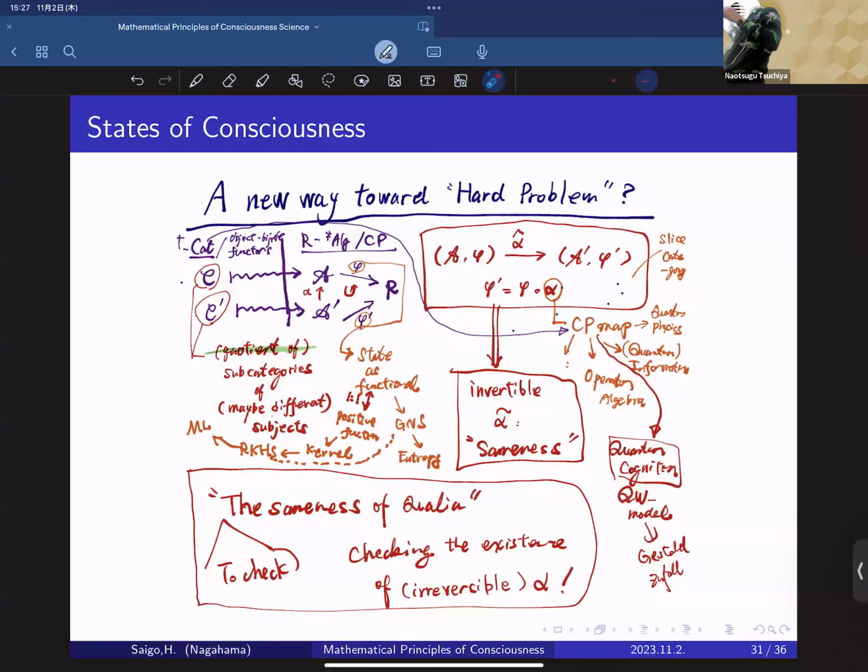So if you have instruments, for example, modeling our structure or the dynamics on that, we can consider this kind of sameness by using this kind of thing.